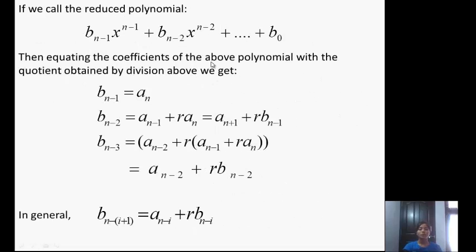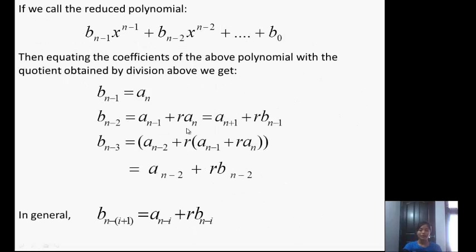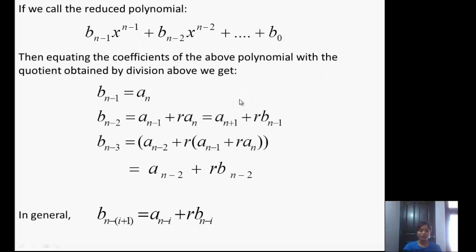If we call the reduced polynomial b(n-1) x to power n minus 1 plus b(n-2) x to power n minus 2 plus and so on up to b0, then equating the coefficients of the above polynomial with the quotient obtained by division above, we get b(n-1) equals an, and a(n-1) plus r an is b(n-2), that is this term will be b(n-2), and this term will be b(n-3).